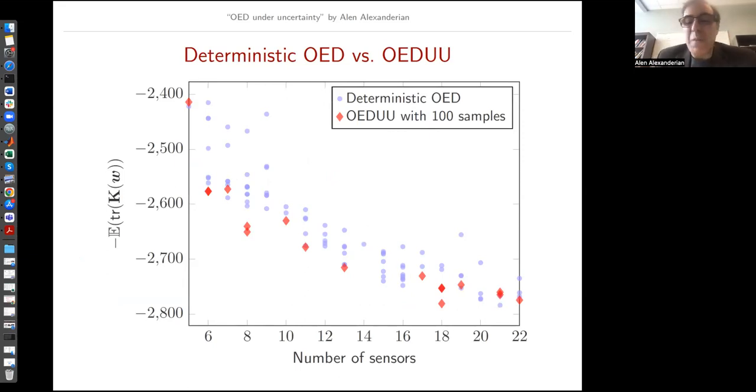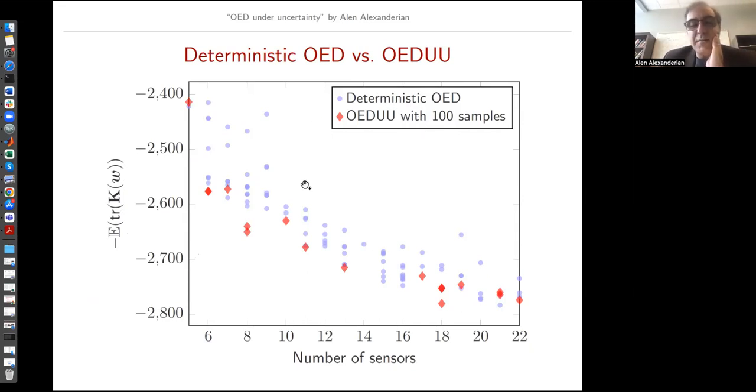All right, so here's a plot that is like a check-your-answer plot, where we did deterministic OEDs corresponding to different realizations of the velocity field, and then OEDUU with 100 samples. Then we forget about the samples used for the computation of the design. We generated a new set of, I think, 100 or so realizations of the velocity field and calculated the expected value of this K using the OEDUU designs and these deterministic designs.